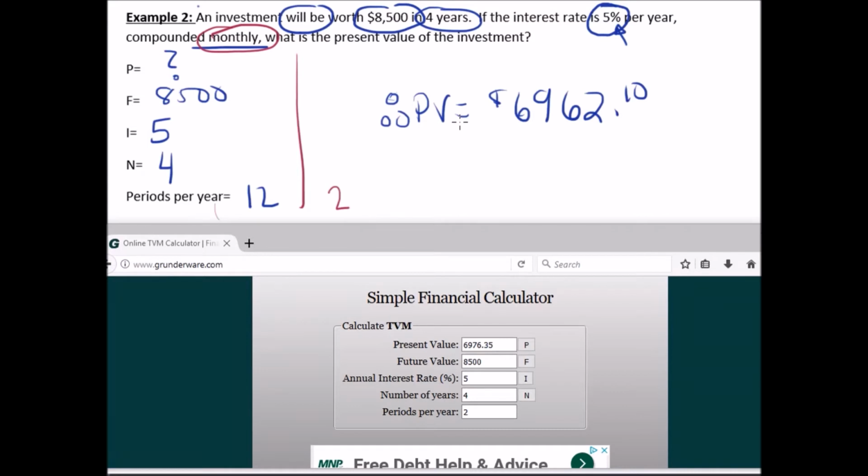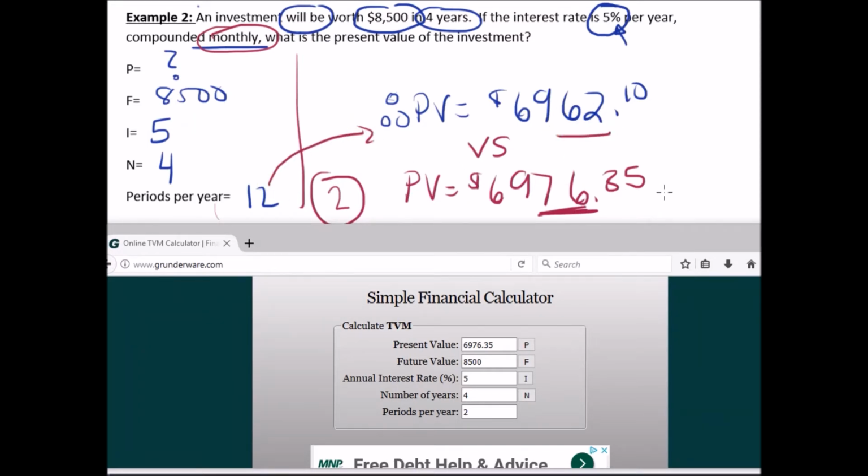So when we're comparing these, and the question doesn't ask you to compare, but let's actually compare them. So this is versus the present value of 6976.35. Well, if you're only compounding twice per year, we actually have to invest more than if we compound 12 times a year.